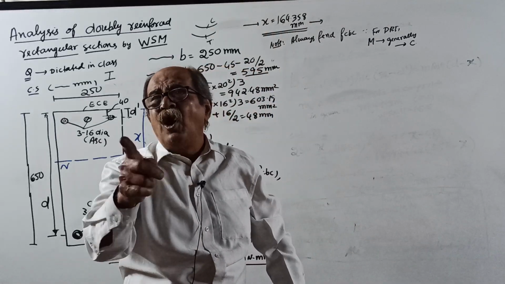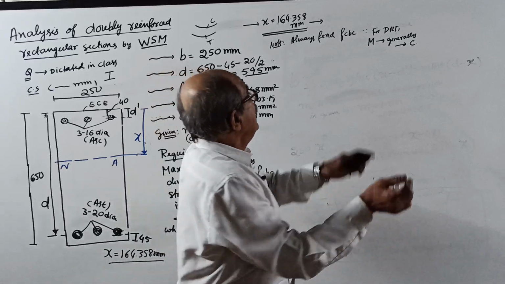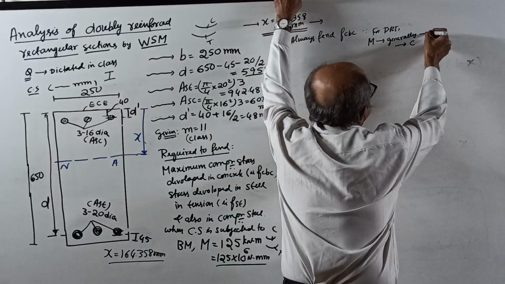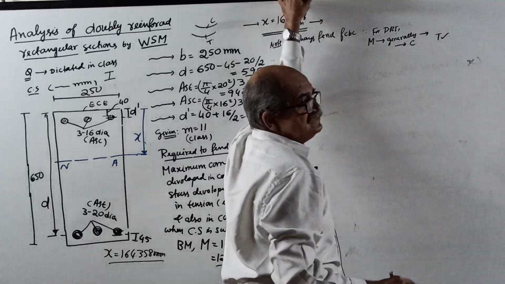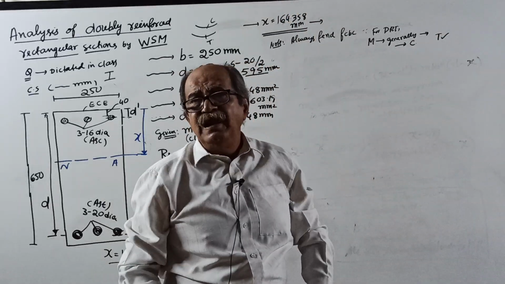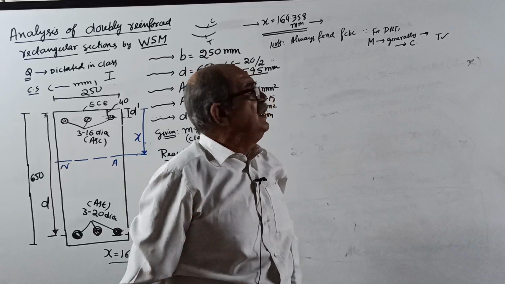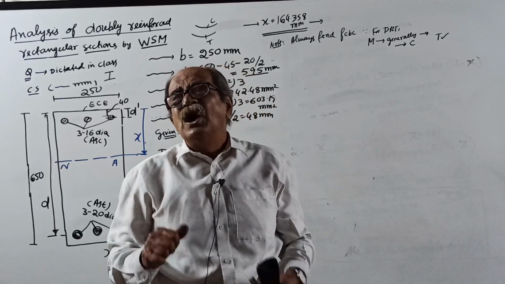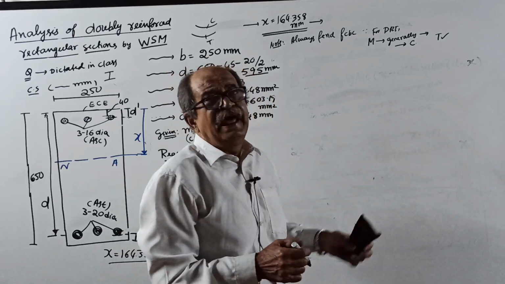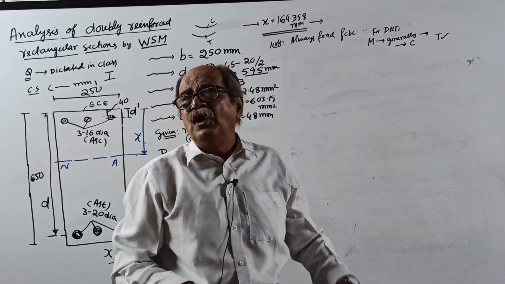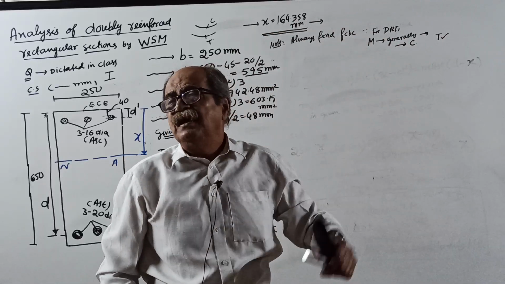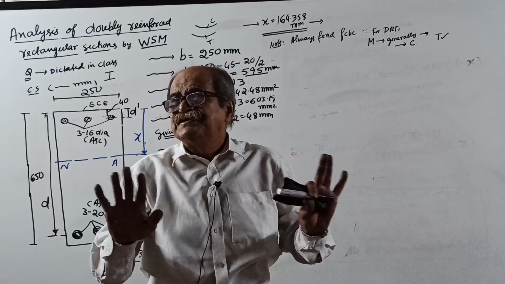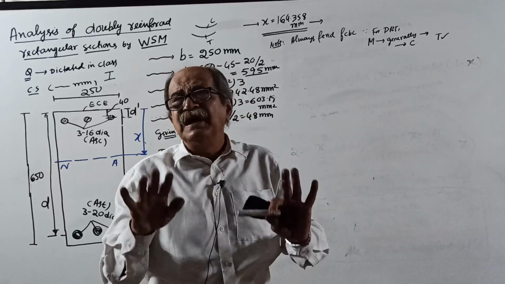I will prove it to be wrong. You can write, but remember, make a note. Of course, it is possible to write in terms of tension, but it will involve lengthy calculation. When there is a lengthy calculation, who wants to waste time? So for singly reinforced, you have both M in terms of compression and M in terms of tension. But doubly reinforced, universally, M is written in terms of compression.